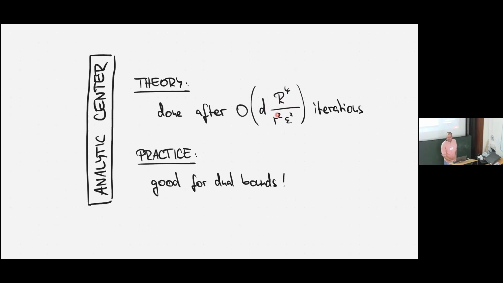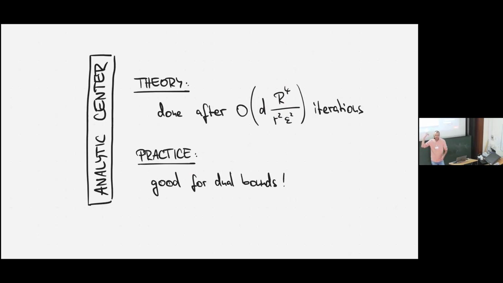But actually, this method, we have implemented it again. It works in practice, and actually, it works pretty well, at least for the dual side. It turns out that, at least in our experience, the cuts that are generated by this method are pretty strong for the dual bound side.